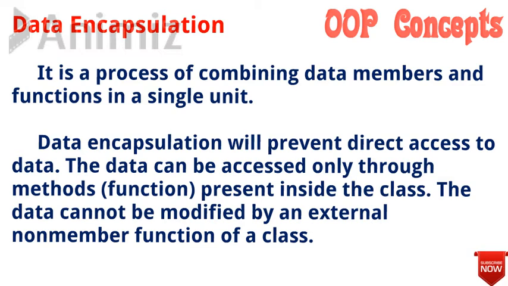This data can be accessed only through methods or functions present inside the class. The data cannot be modified by any external non-member functions of a class. Data encapsulation enables data hiding or information hiding.